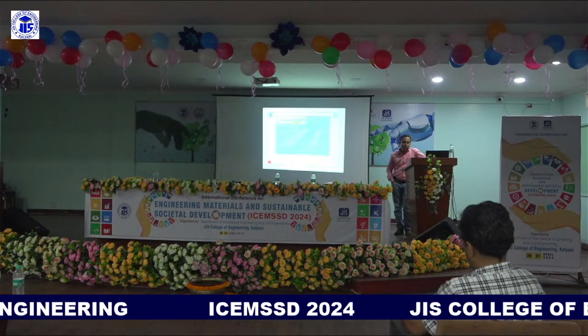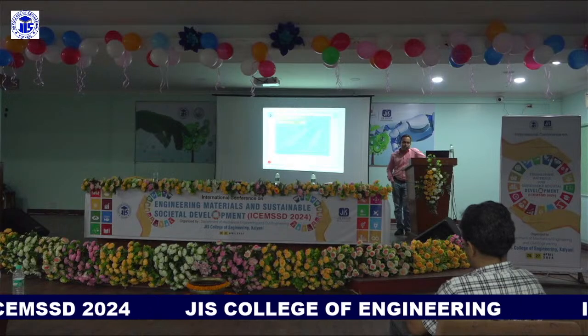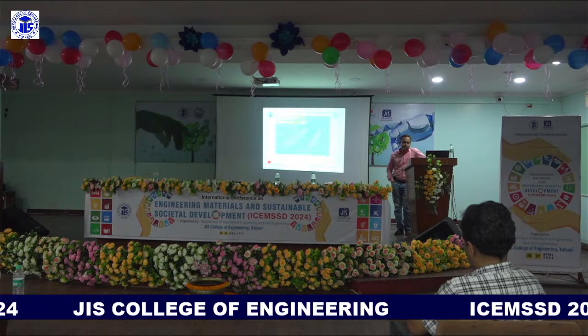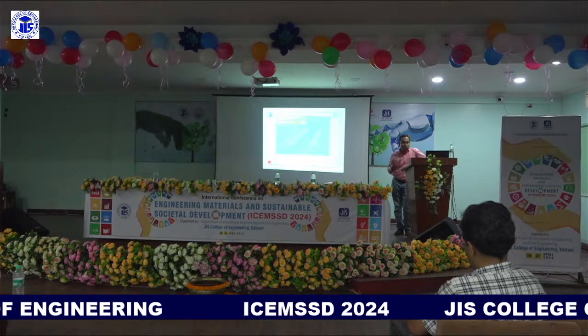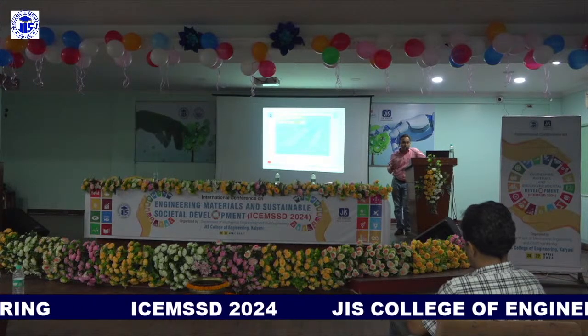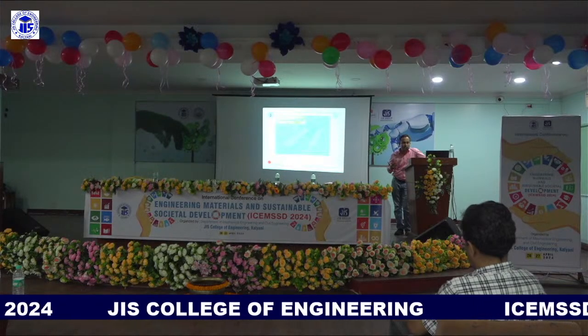Now, when the flow takes place in this kind of river, there will be some changes in the basic flow properties, like the velocity and the shear stress. So these things will get changed.